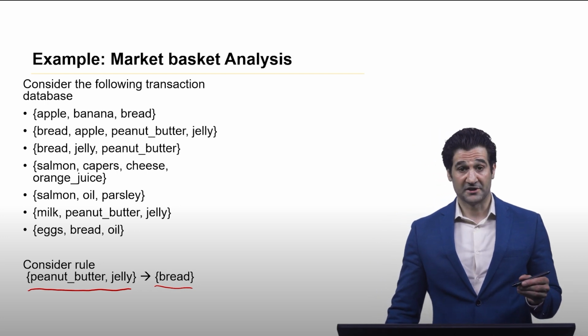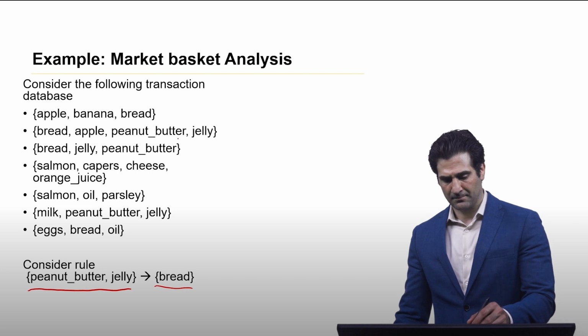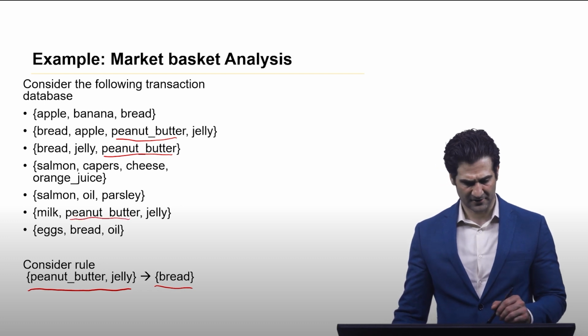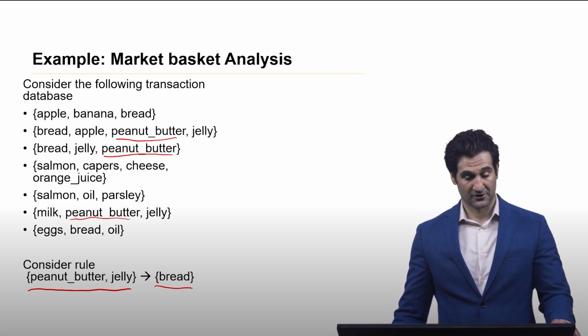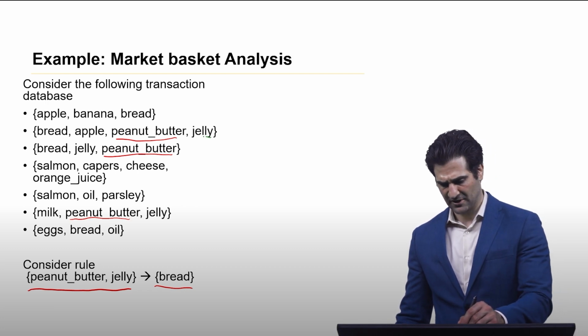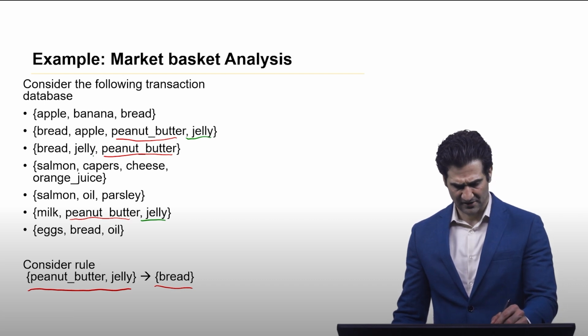So all three together. So let's see, we have peanut butter here, peanut butter there, and we have peanut butter there. So peanut butter appears 3 times. And jelly, we have here, here, and here.